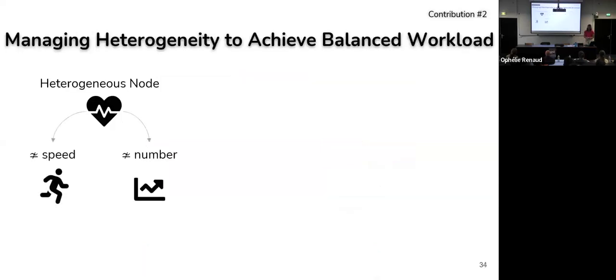So the method deals with standard heterogeneity, standard because we only target CPU architectures. And here we consider the different operating frequencies and the number of cores per node that will vary between nodes.